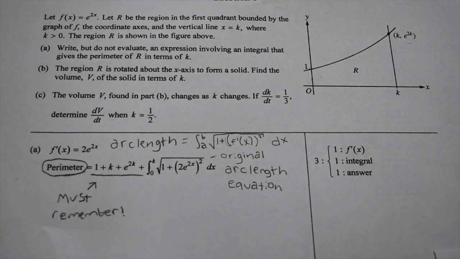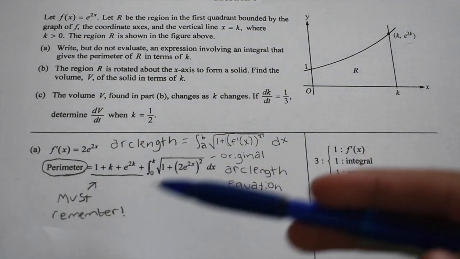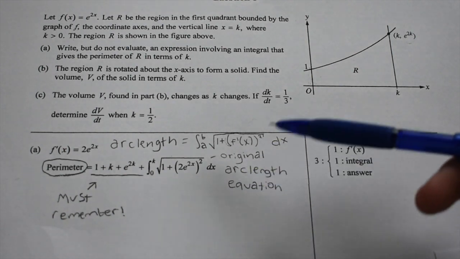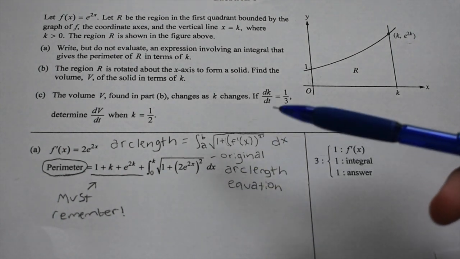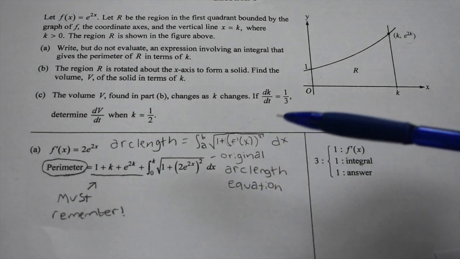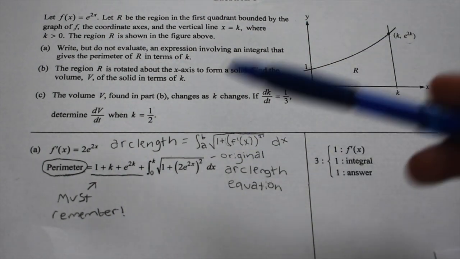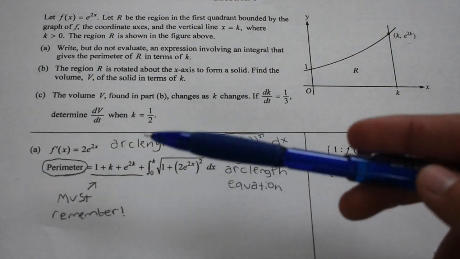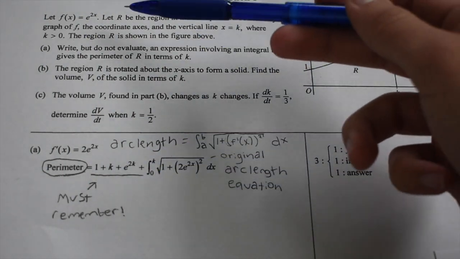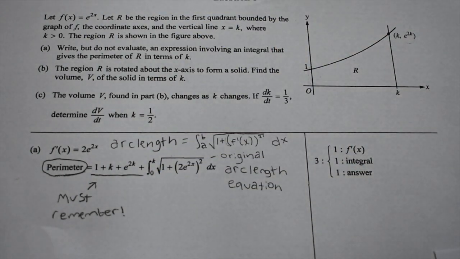The only places we can be tripped up are forgetting that it's the whole perimeter or forgetting that equation. So let's plug in. Our a is 0 and our b is k, and f prime of x is pretty easy to find. We're given the equation up here, it's e to the 2x, so f prime of x is clearly 2 e to the 2x.